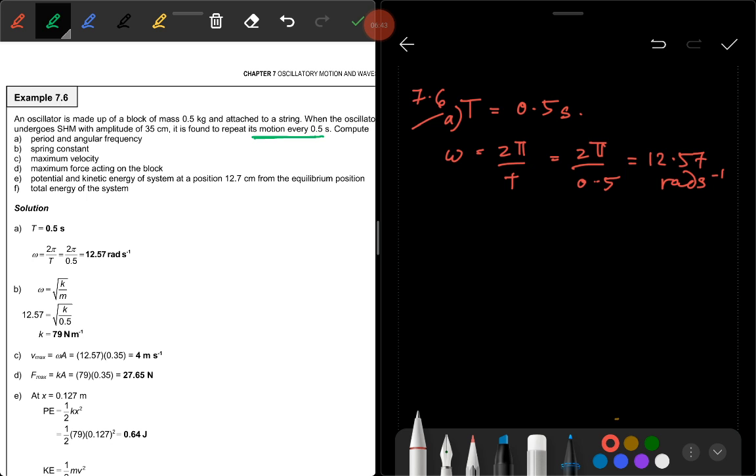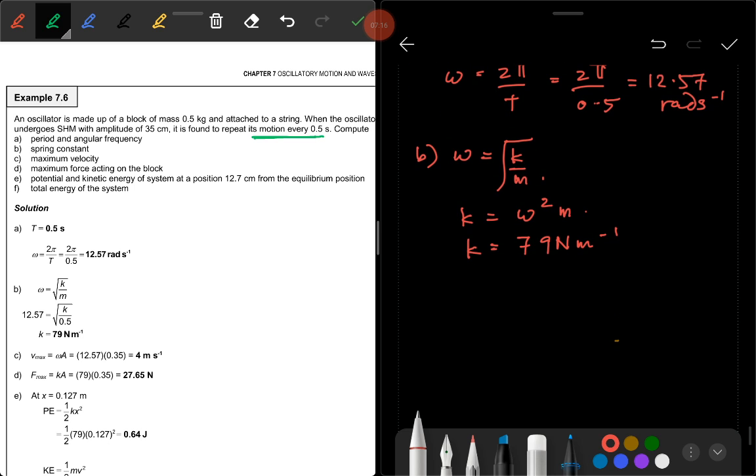And then the spring constant. If you know the angular frequency, you can calculate the spring constant. Angular frequency is equal to square root of K over M. You want to find the spring constant, so K is omega square times M. When you calculate, you will get K equal to 79 newton per meter.